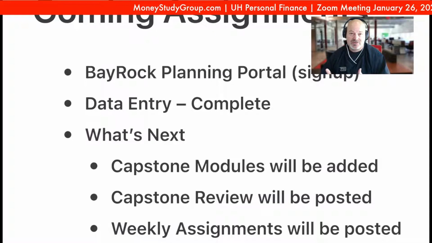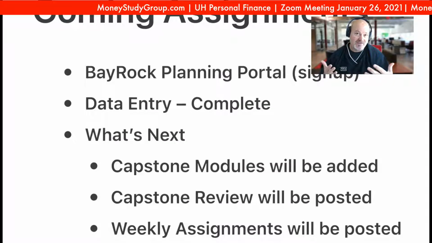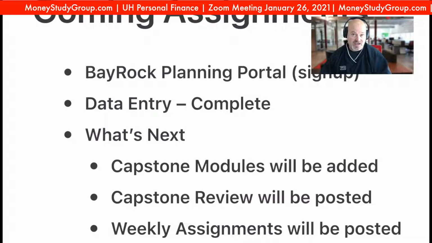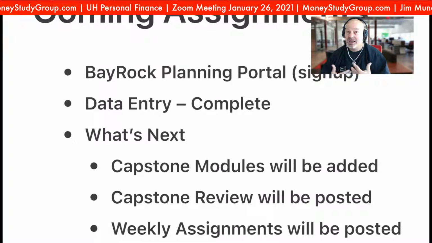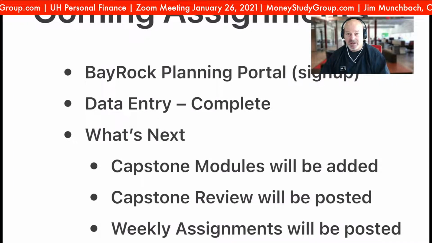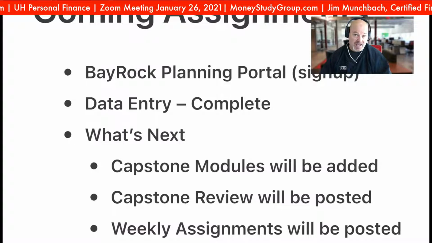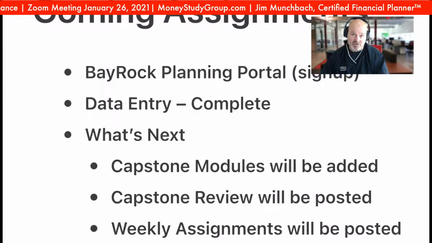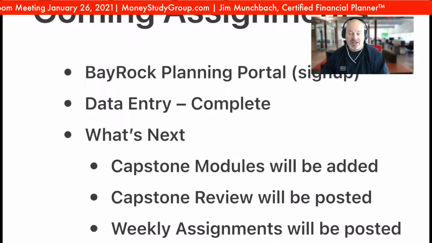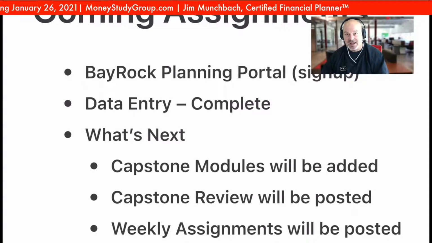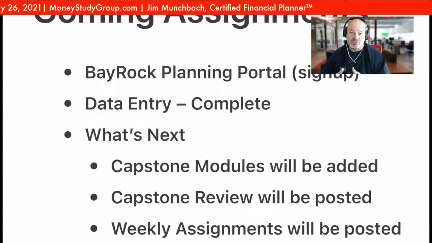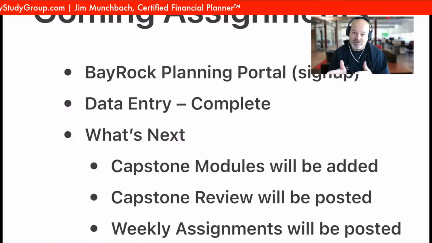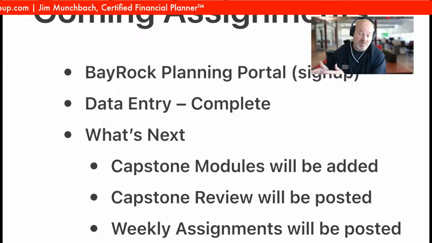Those pieces of the planning process, those pieces of technology inside your planning portal, will be unlocked for you after you sign up and register at the private planning portal that we use at BayRock Financial. It's actually through a company called Right Capital, and you will need to do the same thing with Right Capital and BayRock that you did with Money Study Group.